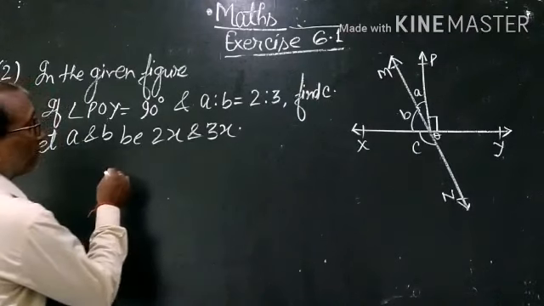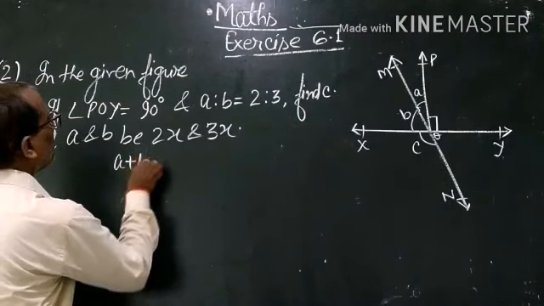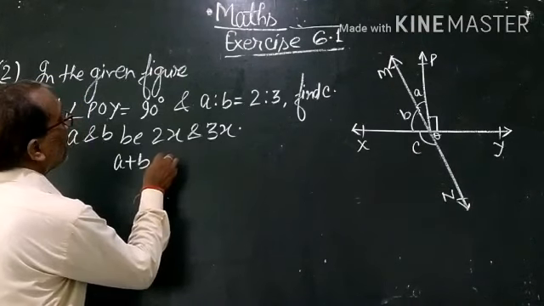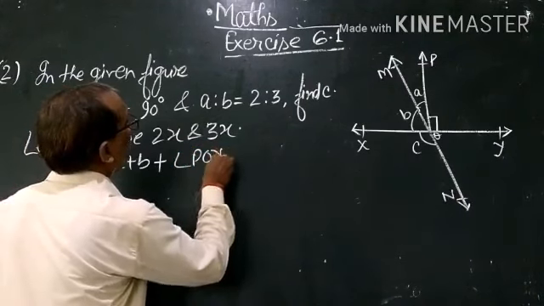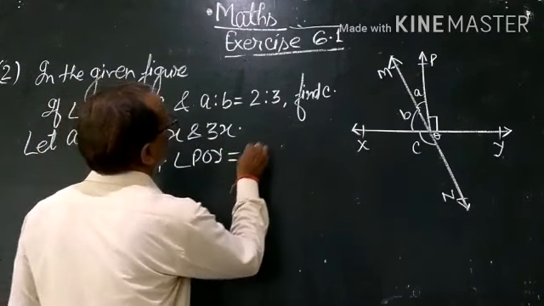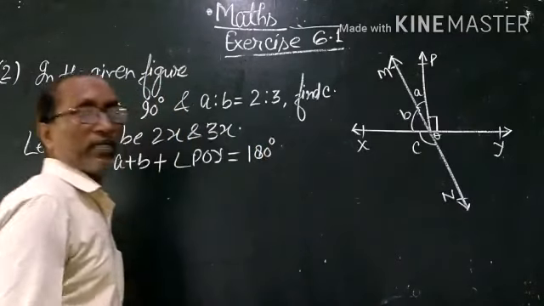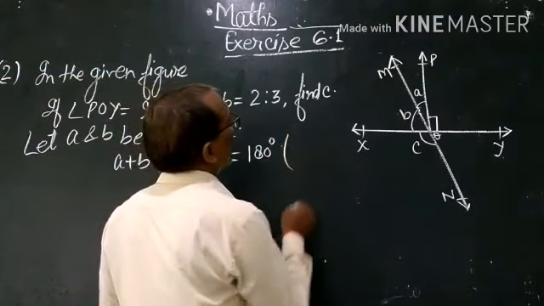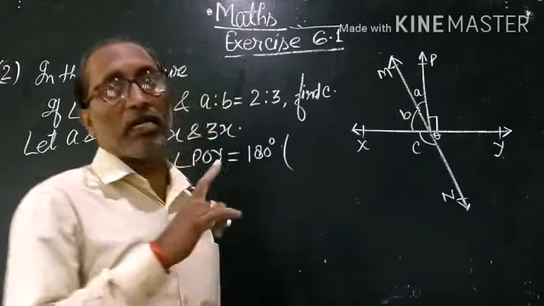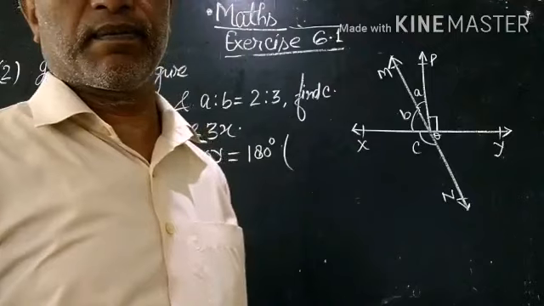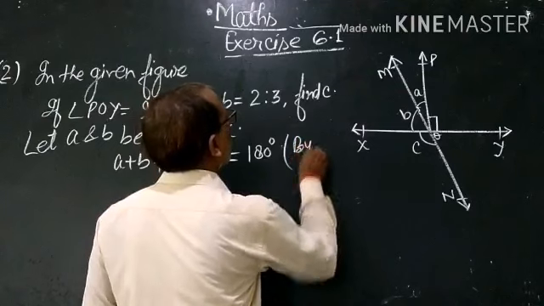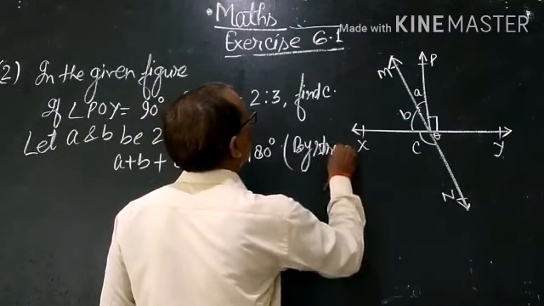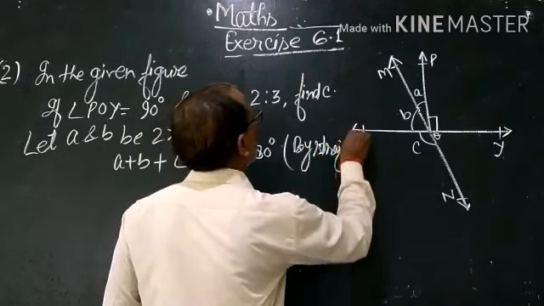Then A plus B plus angle POY is equal to 180 degrees by the straight line property or linear pair axiom.